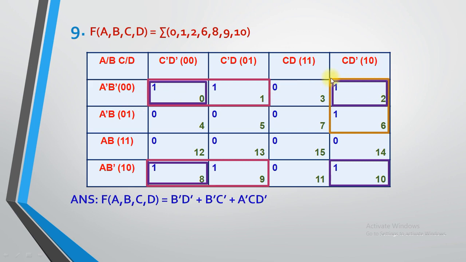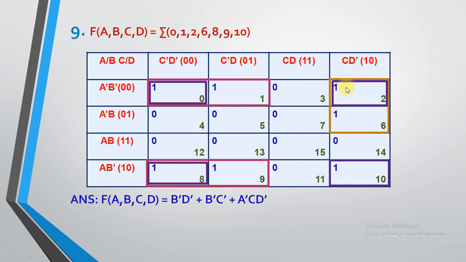The first group is formed using yellow color. The second group is represented with the pink boxes, and the third color I have used is purple. Right? Now consider the first box in the yellow group.